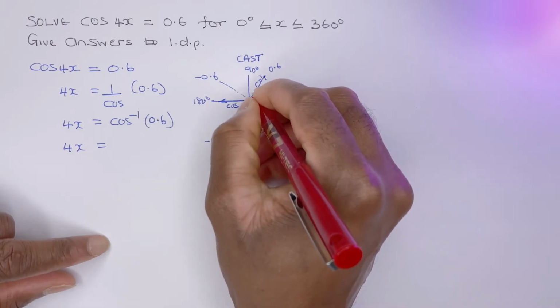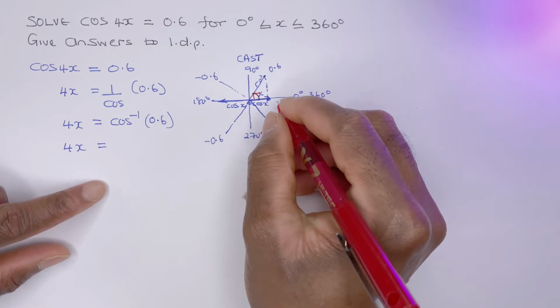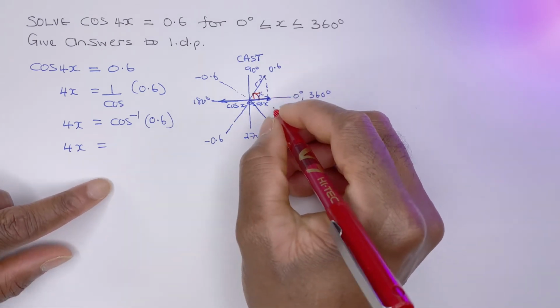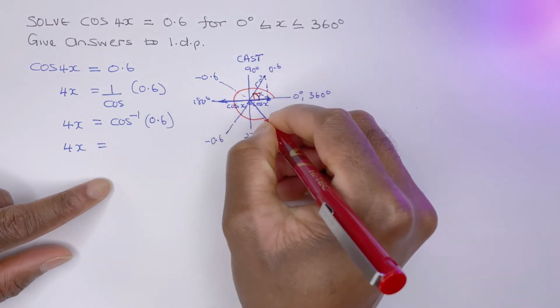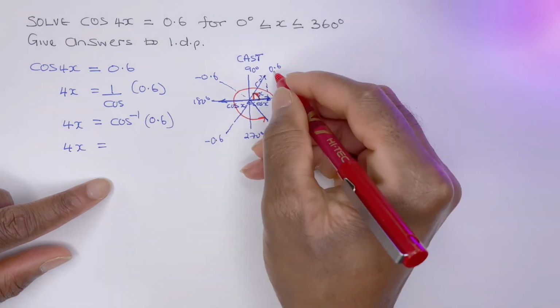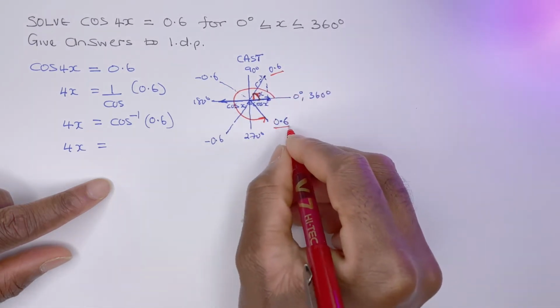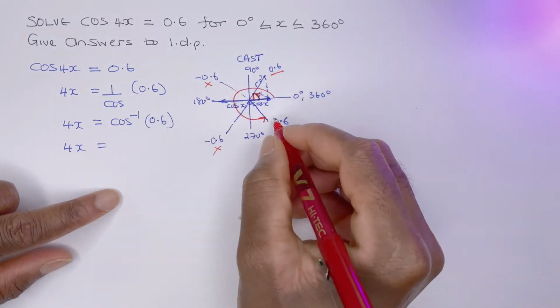So we measure that one, so that's good. That's 53.1. And then the next one will go all the way to there. So those are the two angles we're interested in because they're positive. This will be minus 0.6. We don't want that and we don't want that.